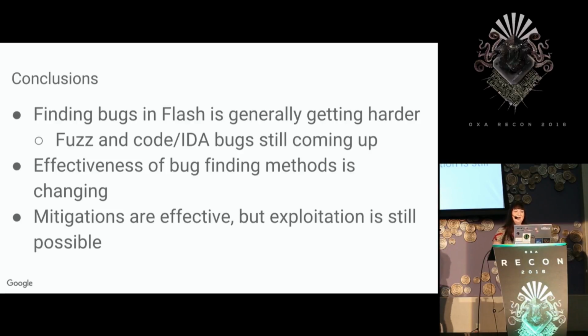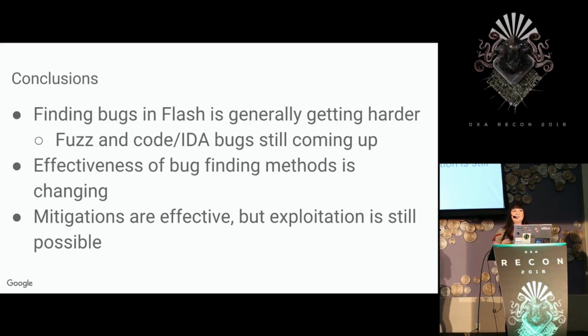In conclusion, finding bugs in Flash is generally getting harder, and I find the relative usefulness of each of the methods is changing over time. As I said, when I started, I was finding one bug a day with code review, no problem. Now I'm down to about one bug a week, and other methods that are a bit slower, like fuzzing, are starting to become more useful. But it seems there are also trends with these types of techniques.